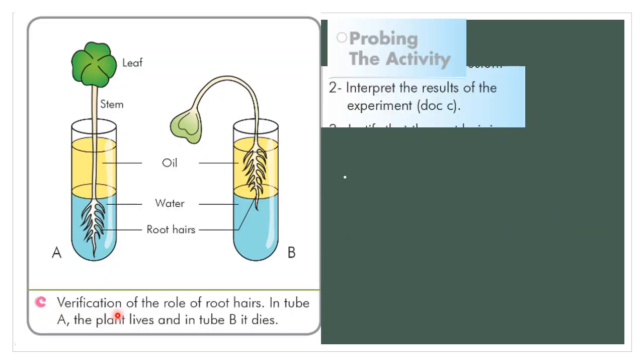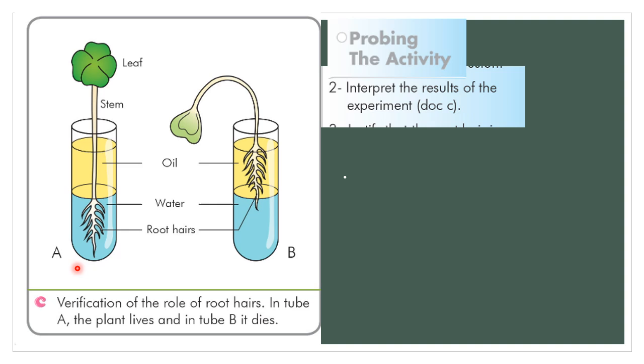Document C, verification of the role of root hairs. In tube A, the plant lives, and in tube B, it dies. Let's see the conditions together. Here are the main parts of the plant: leaf, stem, root, and root hairs. The second plant: leaf, stem, roots, and root hairs.